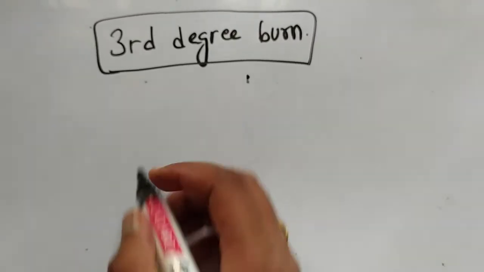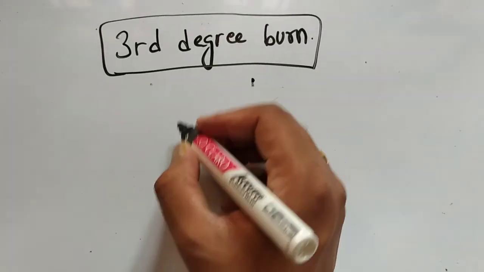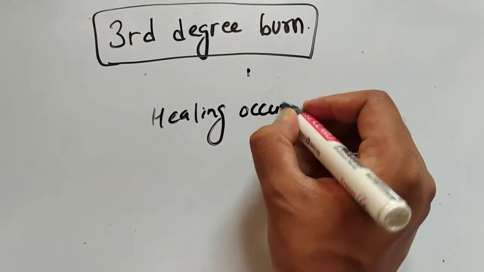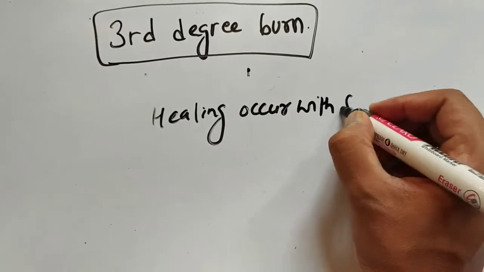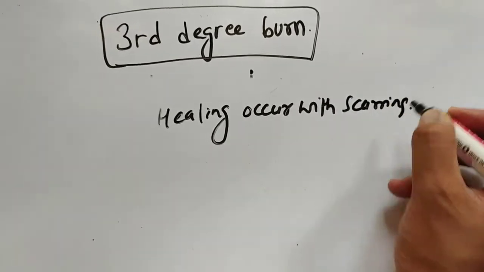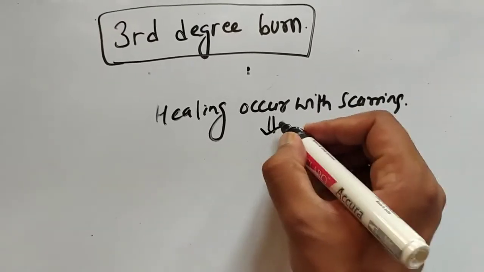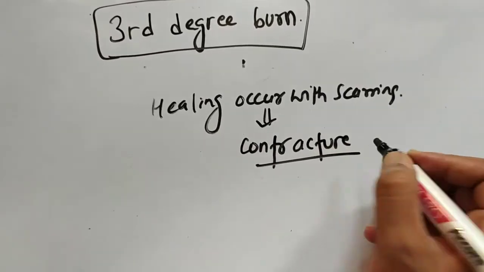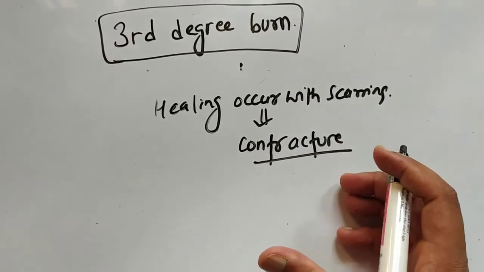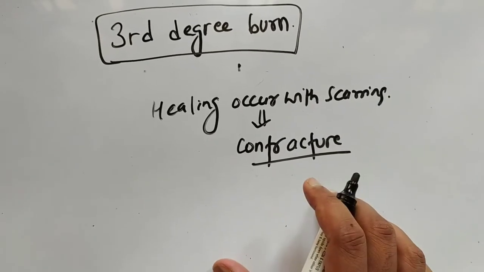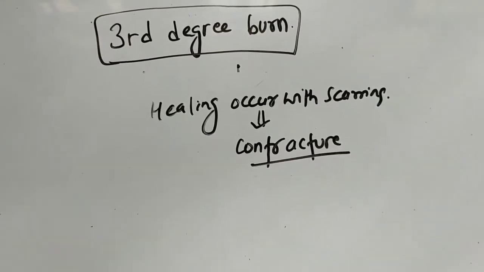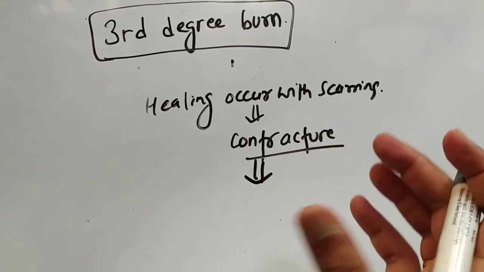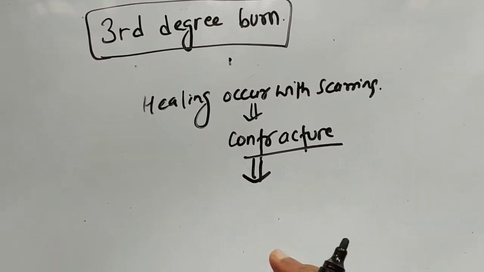The important character of the third degree burn is that the healing occurs with scarring. And the scarring is always associated with contracture. Usually when such a third degree burn patient gets into the burn unit, the doctor will do a method to prevent the contracture.